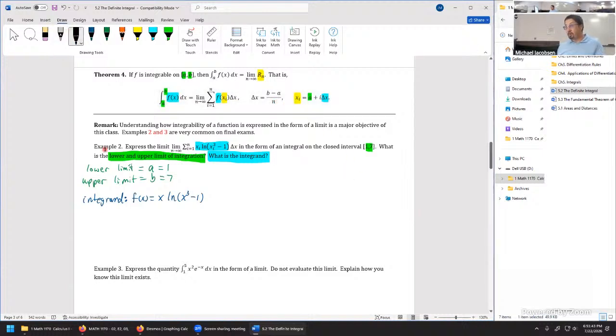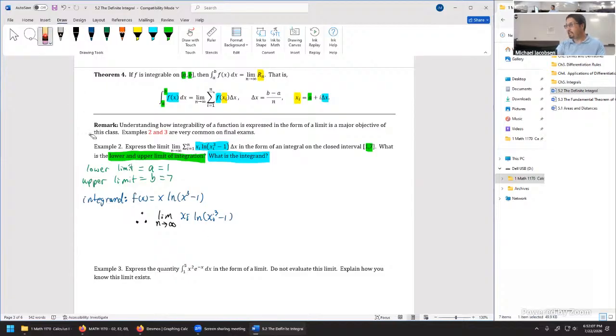So those are the three moving parts: the lower and upper limit, and the integrand. Now we can say, putting this all together, therefore, the limit as n goes to infinity of x_i natural log x_i cubed minus 1.